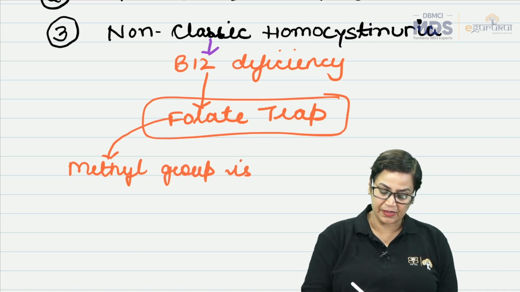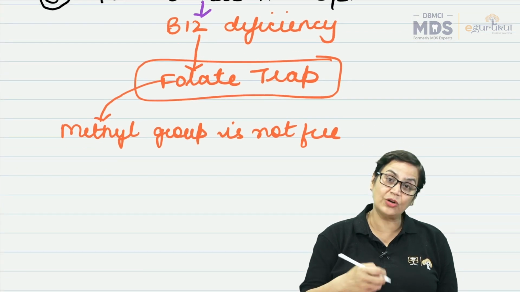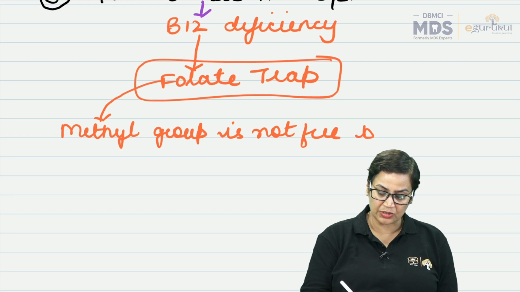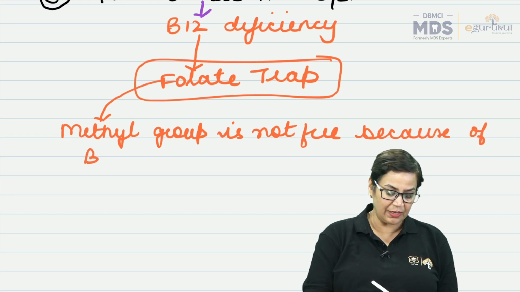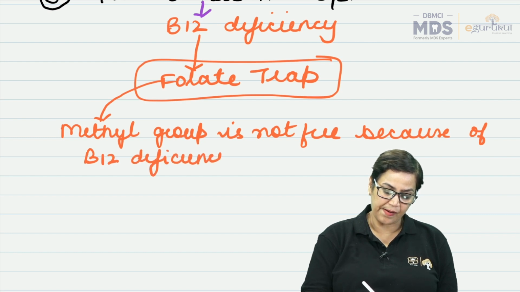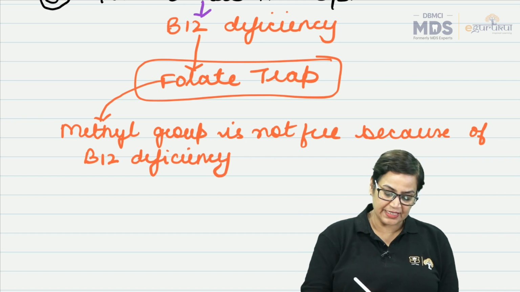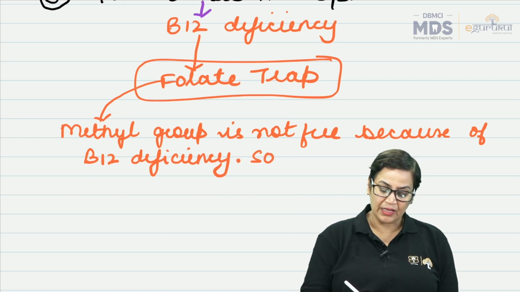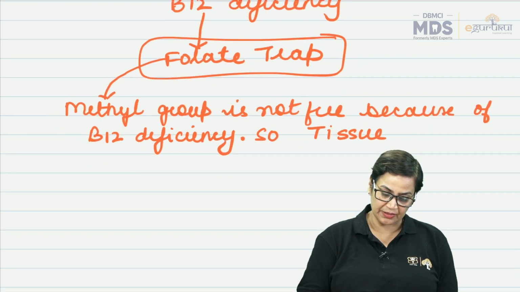free. Methyl group is not free because of B12 deficiency. So we say that tissues undergo starvation.